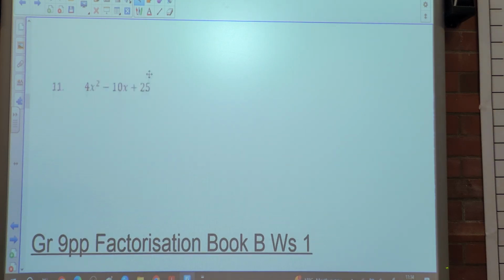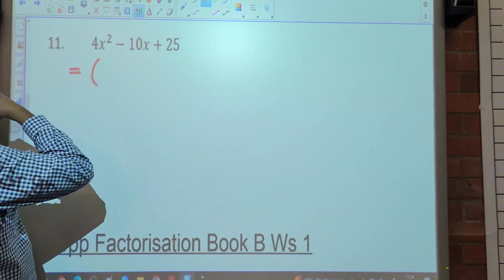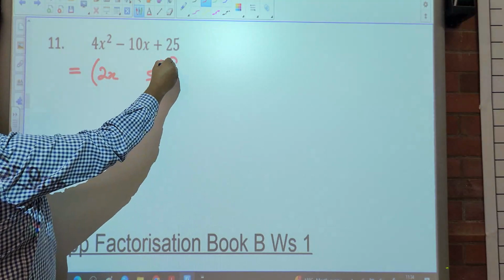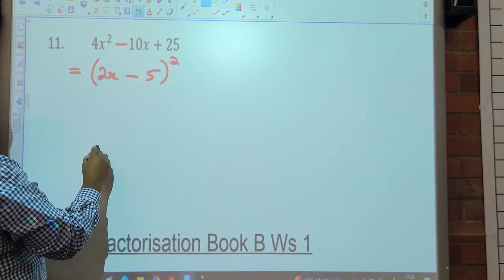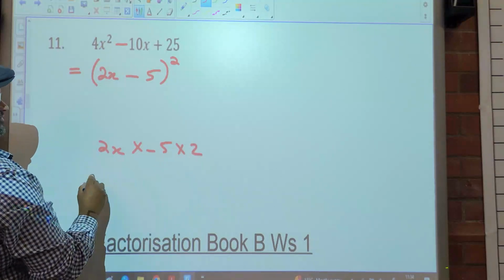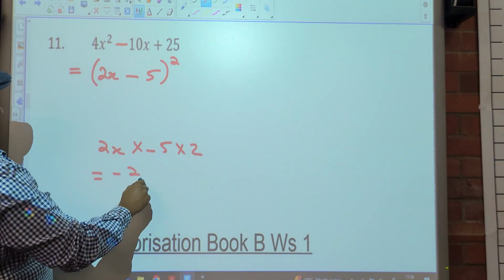Number 11. So you got 4x squared minus 10x plus 25. Are there 3 terms? Yes. Are the first and last term perfect squares? So the square root of 4x squared is 2x, the square root of 25 is 5. And you take the sign of the middle term. So we test. So 2x multiplied by negative 5 multiplied by 2. 2x times negative 5 is negative 10x times 2 is negative 20x.